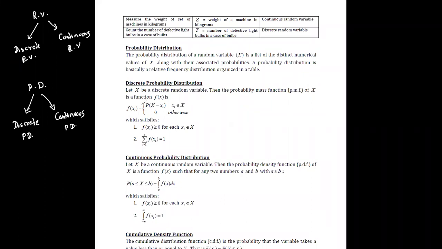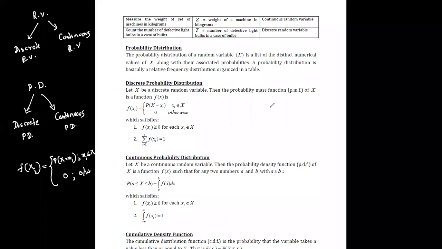Therefore, the probability mass function, when the value of x becomes xi, is the probability that x equals xi, where xi belongs to x, and 0 otherwise. It is quite in this form.